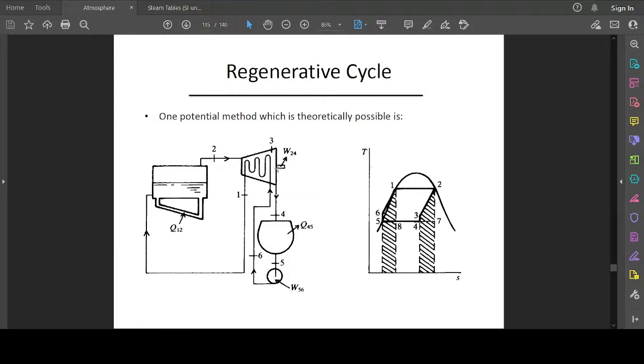The steam coming out from this turbine is condensed, and the pump is used to perform work to allow the liquid to pass through a series of pipes connected to the turbine, so that some of the high quality steam, or the saturated vapor, coming out from the boiler going into the turbine heats up some of this compressed liquid so that it can get up to some temperature required.